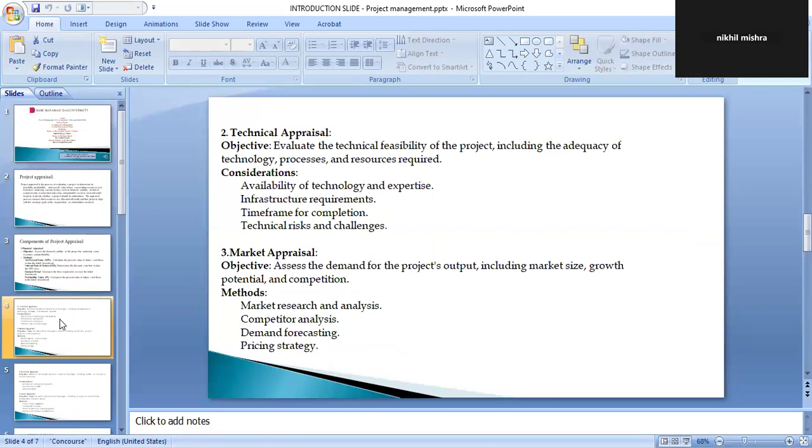There are various considerations in technical appraisals. First is the availability of technology and expertise, infrastructure requirements, time frame for completion, and technical risks and challenges involved in the technology to be used in that particular project.